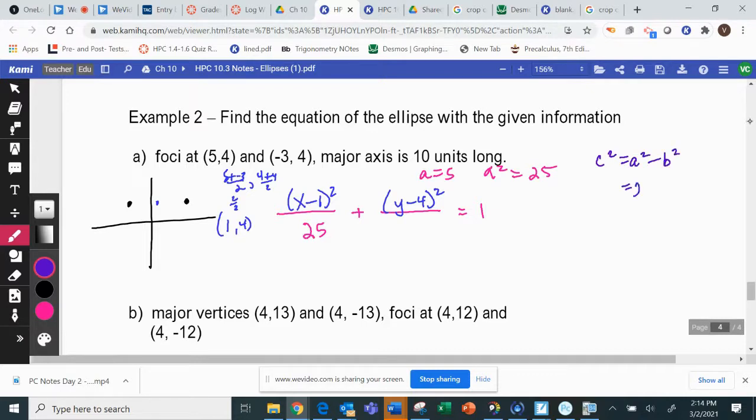And we know a squared is 25, but I don't know what c squared is. You have it as 4. You have c squared, you have it as 16. So how did you get 4? You went over here and said, how far apart are these? 4. Or you used your distance formula. So 25 minus what is 16? 9.